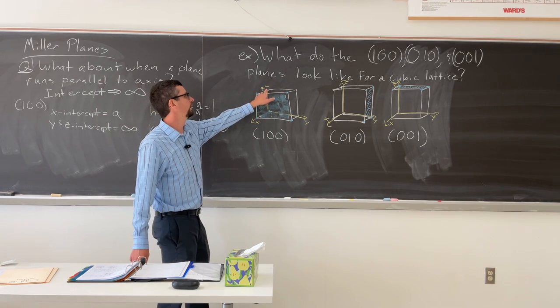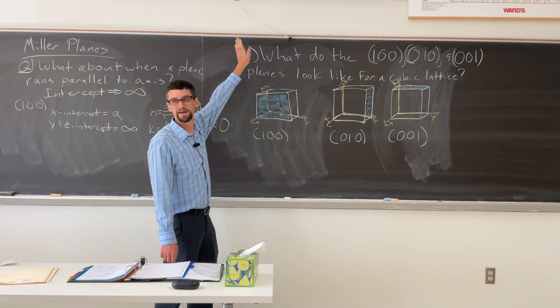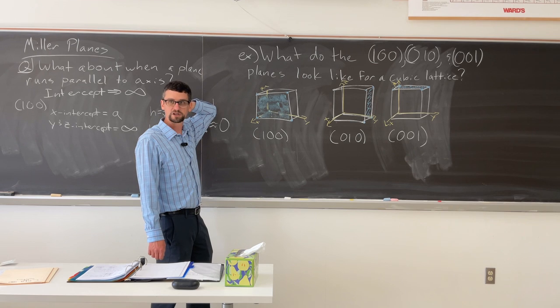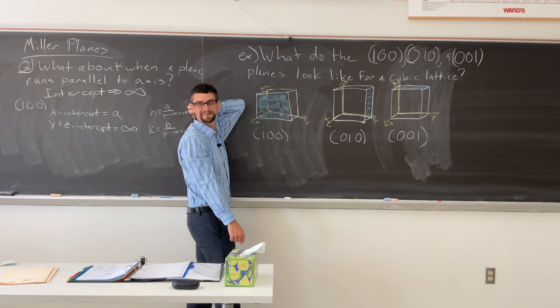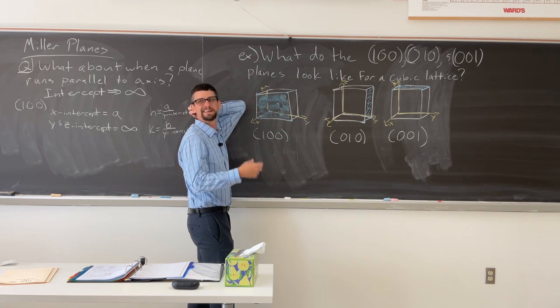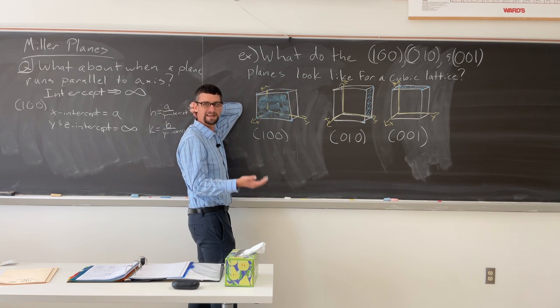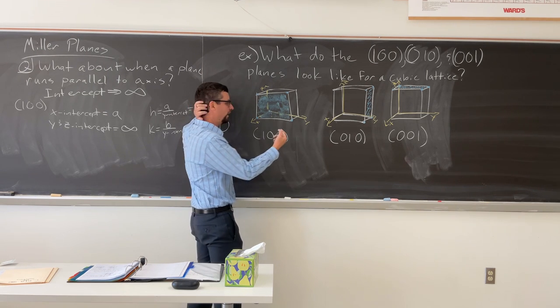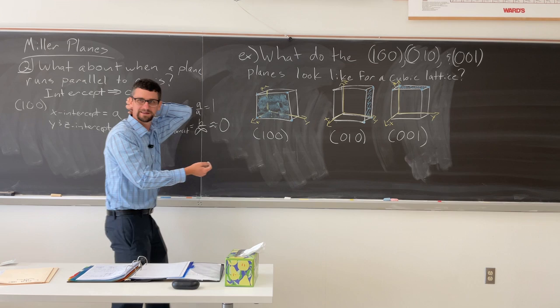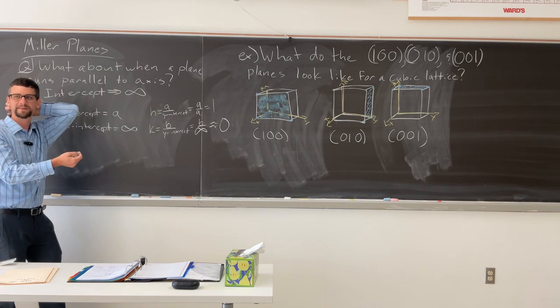So it never, this will just keep going along that face. It will never actually cut. But you're saying, what about the one behind it? Isn't it touching that? Yeah, it is, but it's never actually passing through Z. It's right on the edge, but it doesn't technically cross it.